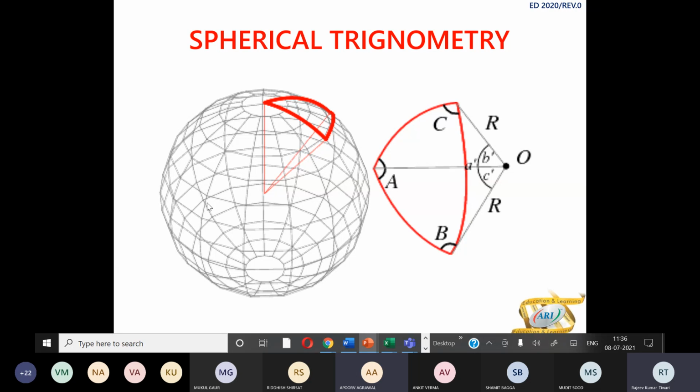Let's say A, B, C is a triangle formed by three great circles cutting at the vertices, at three points.